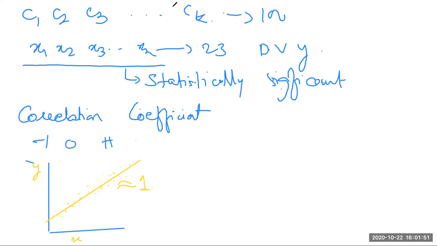But on the other hand, if you have a correlation of this fashion, where you fit a line through the data points and the line goes downwards, then the correlation factor is close to -1.